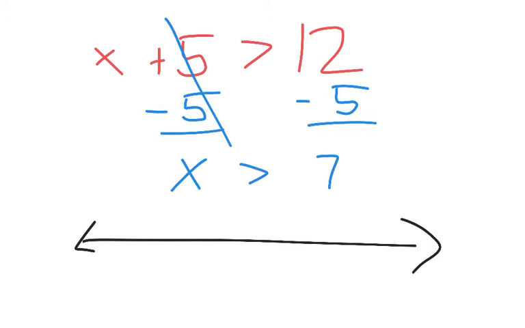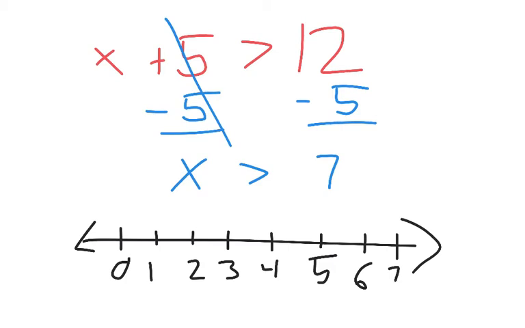And so the way we show that on a graph is, because it has one variable, we just need one axis. So I'm going to number 0, 1, 2, 3, 4, 5, 6, 7. Let me make my graph a little bigger. 8, 9, 10.